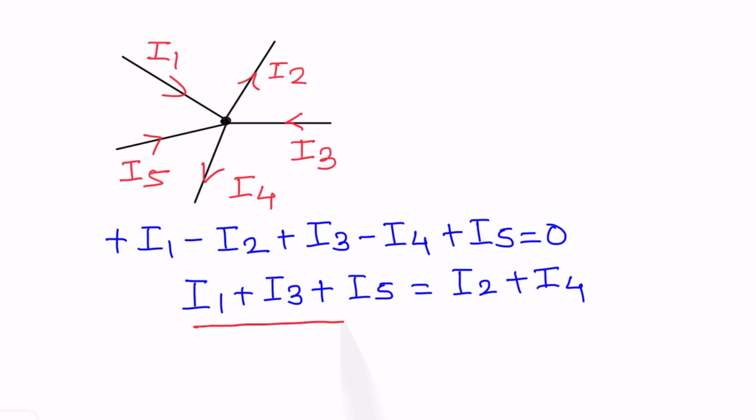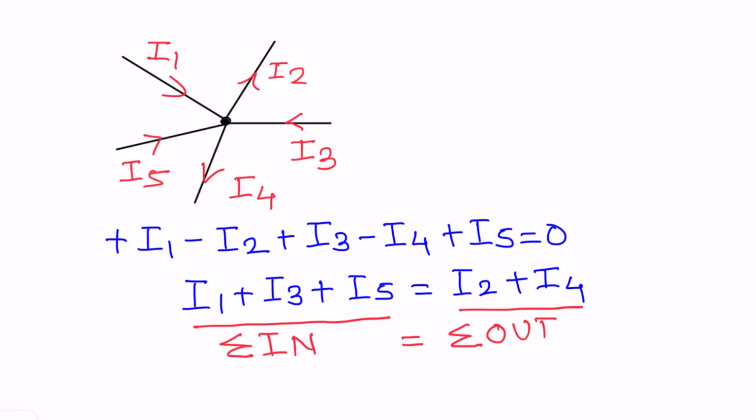What we can see over here, these are all incoming currents and these are all outgoing currents. So we can modify the statement that at a particular node or a junction, summation of all the incoming currents is equals to summation of all the outgoing currents. So this is a basic fundamental to write down the equation for node analysis.